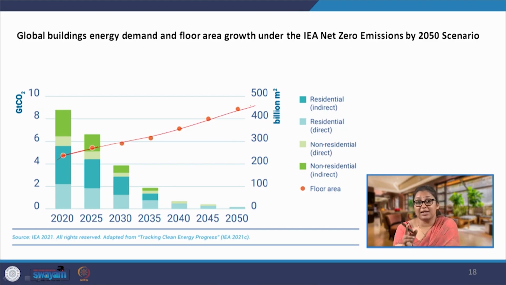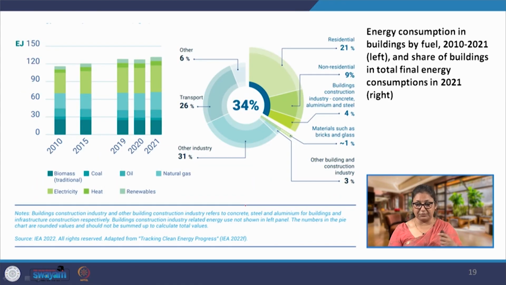But with the help of efficient materials and technology and also the use, the intent is to bring down the intensity, the energy demand of the buildings. This will be the most ideal scenario if we really want to achieve net zero emissions by 2050. For that, we will have to bring down the energy consumption and emissions from the buildings significantly.